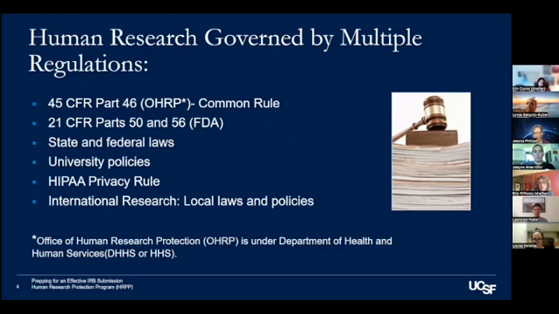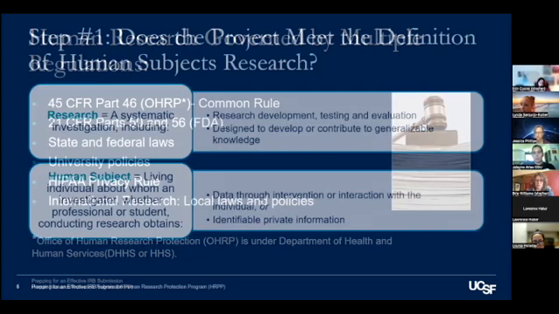We'll go over that area the most, and it's under the Department of Health and Human Services. There's also FDA regulations, other federal laws, state laws, university policy, HIPAA. International research has some, but probably won't apply too much to prisoner items.